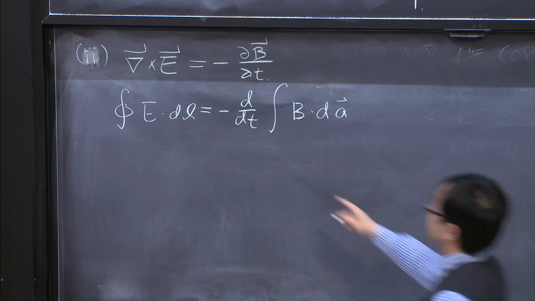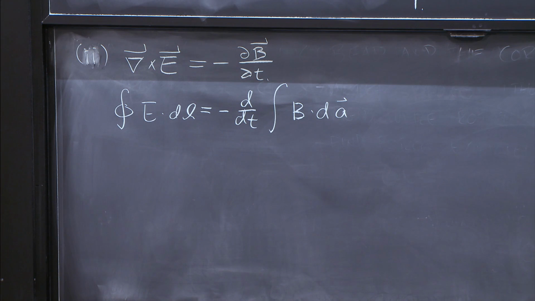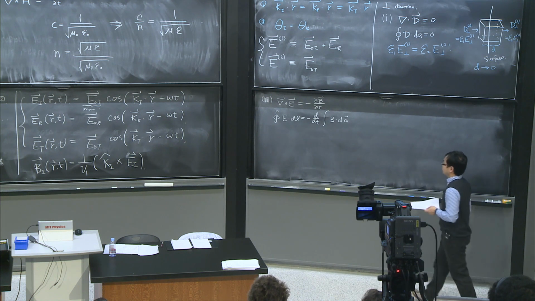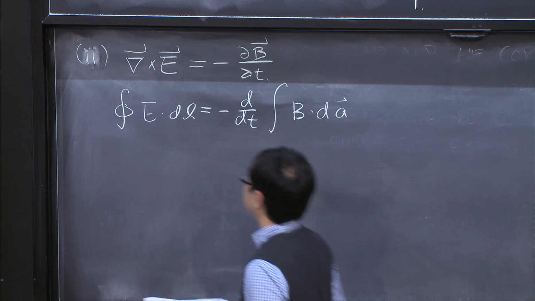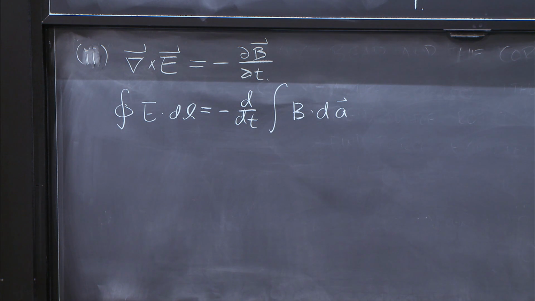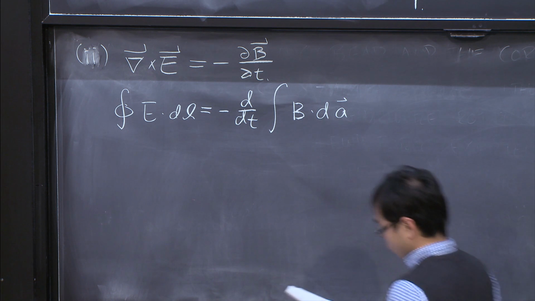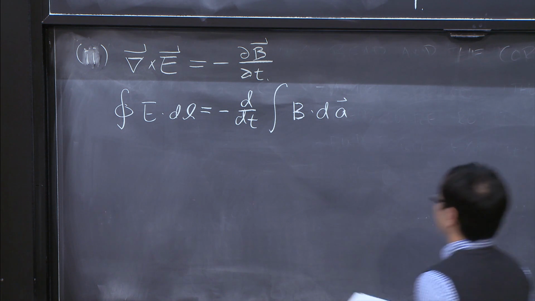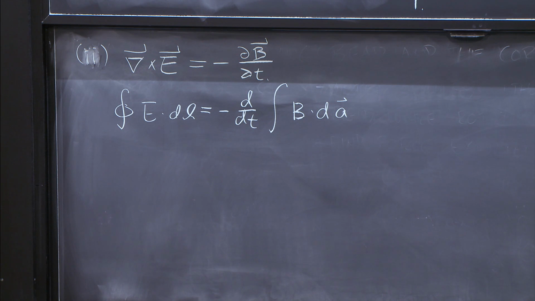So if I use this equation in Maxwell's equations, basically I have an integral over a loop of some closed surface, and that would be equal to minus d dt of B dot dA. This is the integral looking at the flux going through this little area.